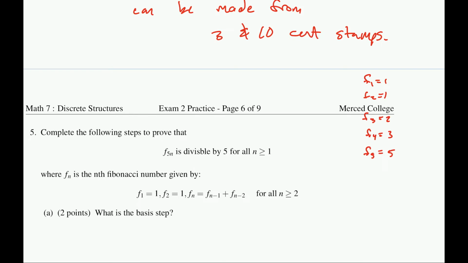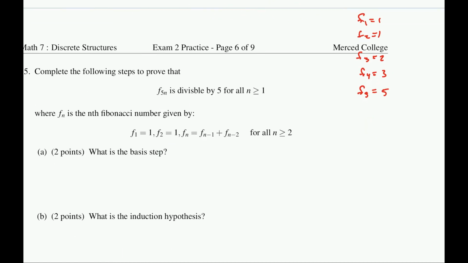Notice that when the index is 5, the number is 5. So every index divisible by 5 is supposed to have a Fibonacci number that's divisible by 5. f6 is 8, f7 is 13, f8 is 21, f9 is 34, f10 is 55.